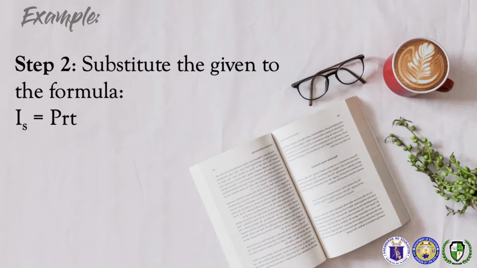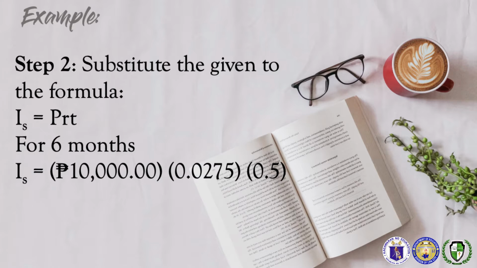I_s is equal to P times R times T. For 6 months, I_s is equal to 10,000 times 0.0275 times 0.5. Then the answer would be 137 pesos and 50 cents.